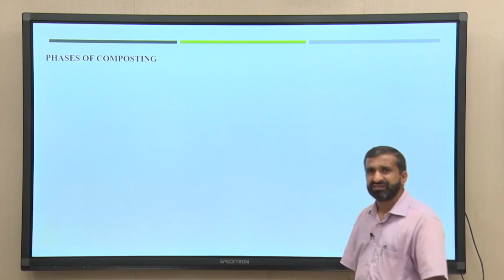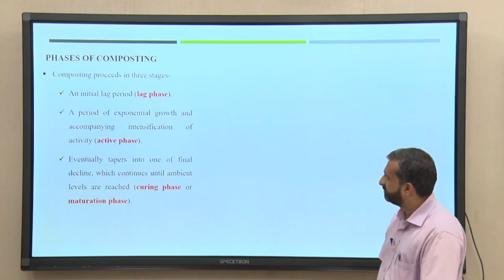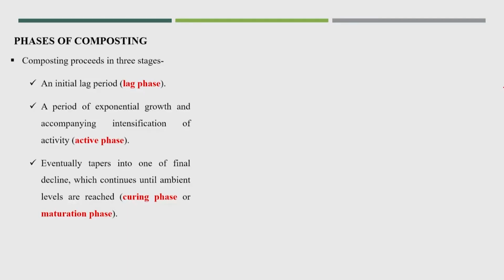Here I put the 3 different phases. The first is the lag phase, where there will not be any change in the temperature. Then, if there is more temperature, a period of exponential growth and intensification of the activity, we call that the active phase.